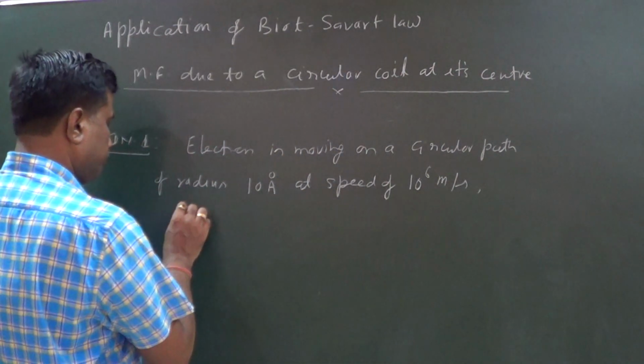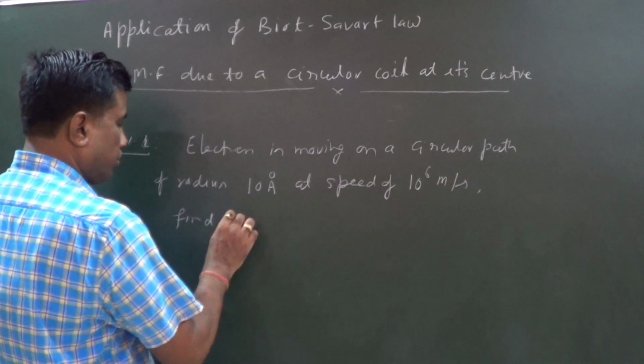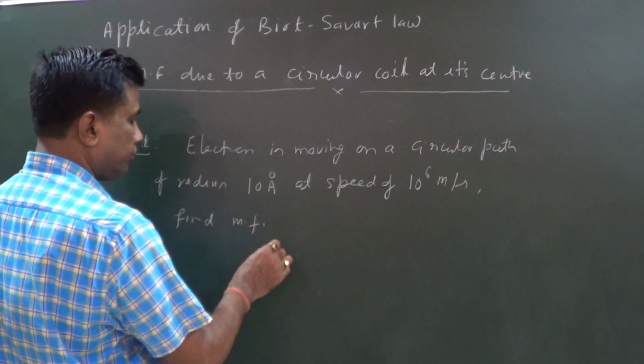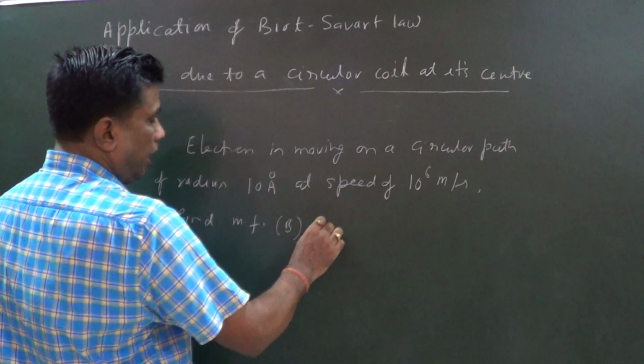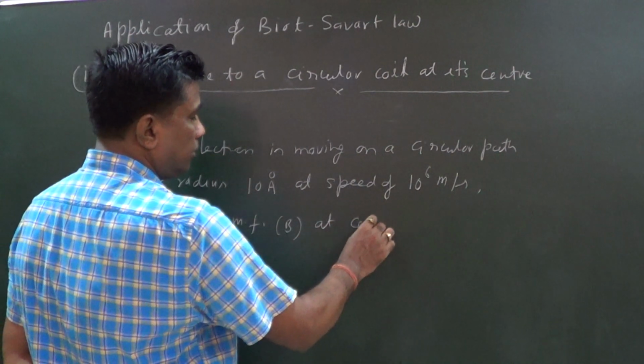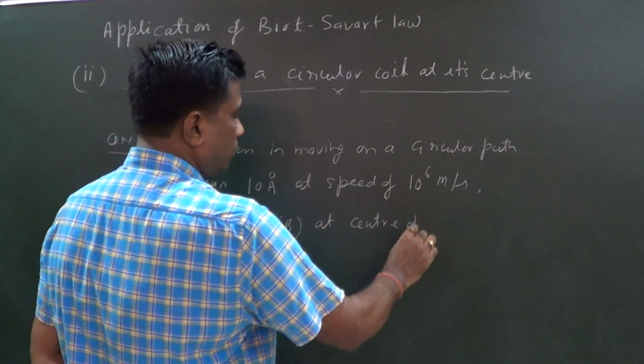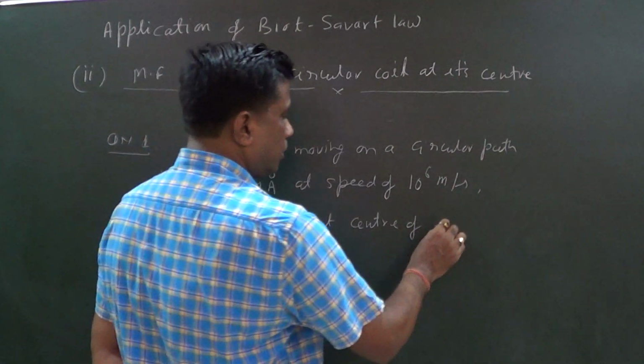Find the magnetic field at the center of its circular path.